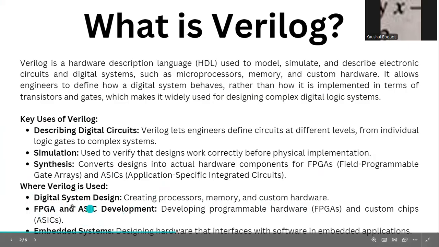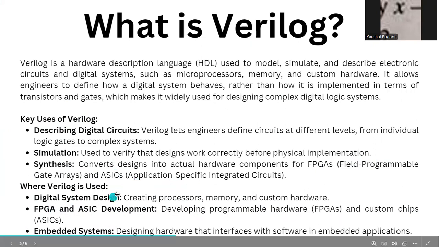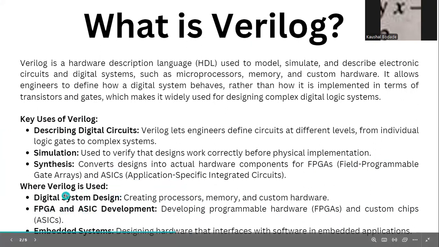FPGAs and ASICs: FPGAs, as I said, are field programmable gate arrays, and Verilog helps us develop programmable hardware and custom chips, meaning ICs. Embedded system design: hardware that interfaces with software in embedded applications.